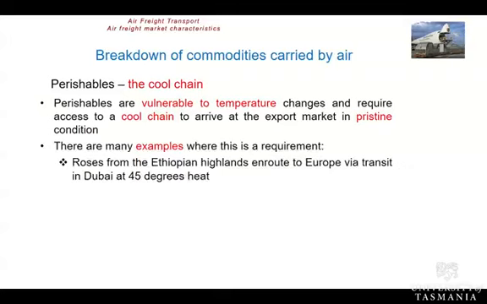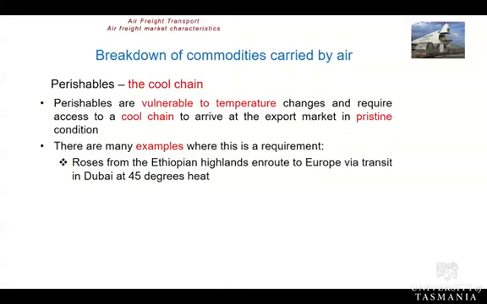There's plenty of examples of perishables. There's a multitude that we could choose from. I've just plucked out a few here that might be impacted by the cool chain. So if you're moving roses from Ethiopia en route to Europe via Dubai, there's going to be some level of exchange of plane there.